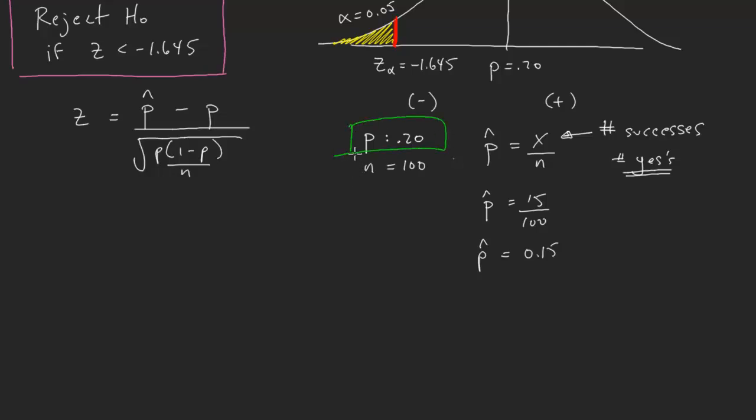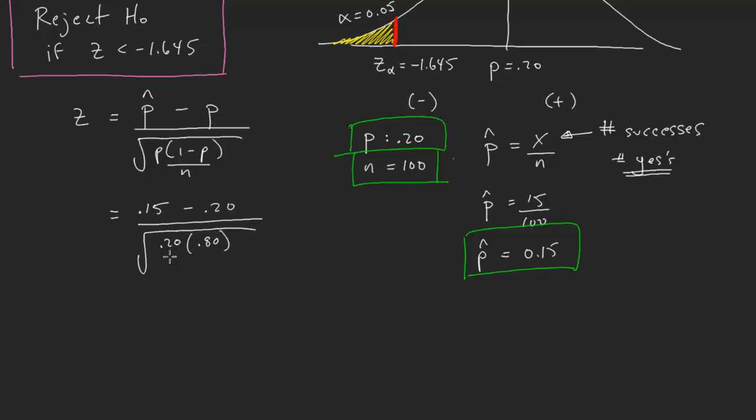I've got my hypothesized proportion, my sample size, my sample proportion, so I can fill all that in. It's 0.15 minus 0.20, so the sample proportion minus the hypothesized proportion, over, under the root sign, the hypothesized proportion times 1 minus the hypothesized proportion, over the sample size.